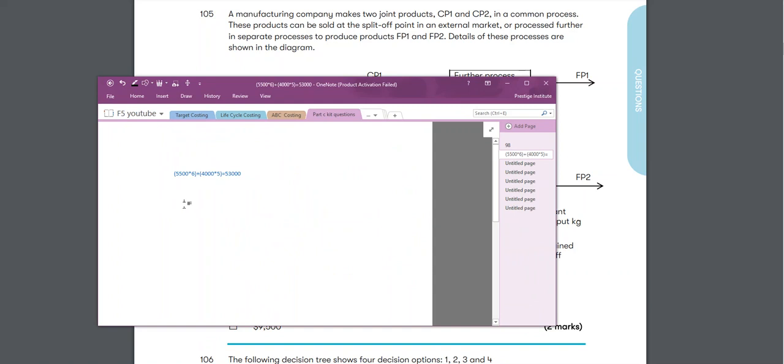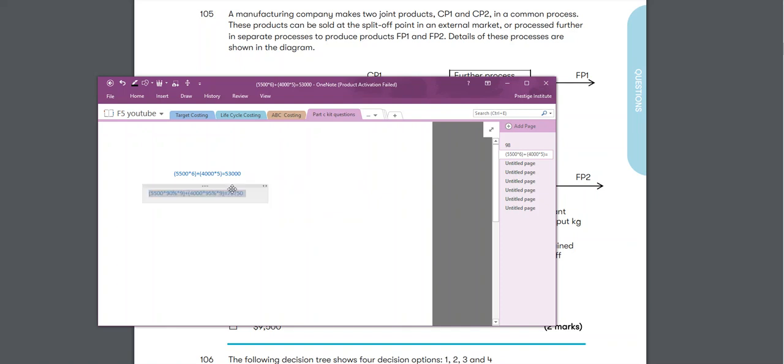So we have revenue, same thing, but there is a loss of 10% here, so multiply by 90% multiplied by 9, and there's 5% loss here, so multiply by 95%, multiply by 9. So this is the revenue that we are earning.